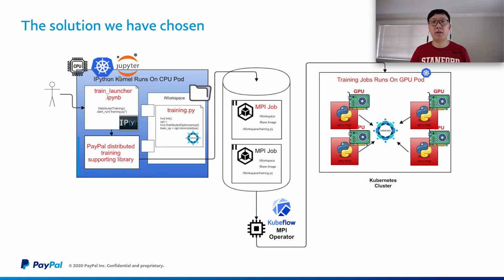Here is one example showing how this solution works. Firstly, you need to create a training script. This training script does the actual training, and it needs to use Horovod internally to do the parameter updating.